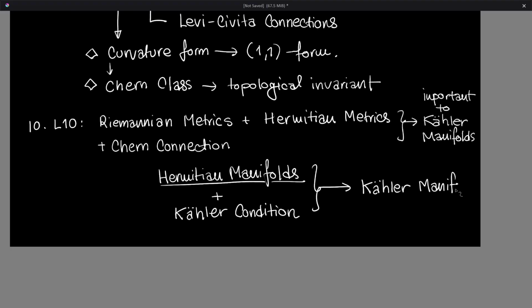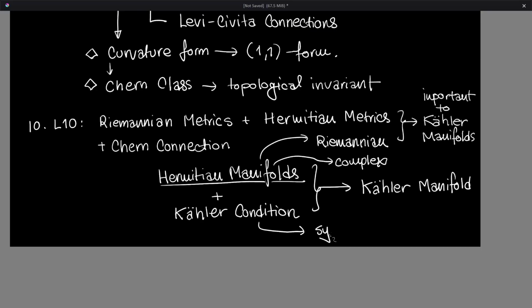And this last structure really emerges once the Kähler condition gets put into place. So far, a Hermitian manifold is a Riemannian manifold. That's why Kähler manifolds are Riemannian. But it's also a complex manifold, right? That's what we've been working with so far. But with the Kähler condition, we're going to get this third kind of manifold called the symplectic manifold.